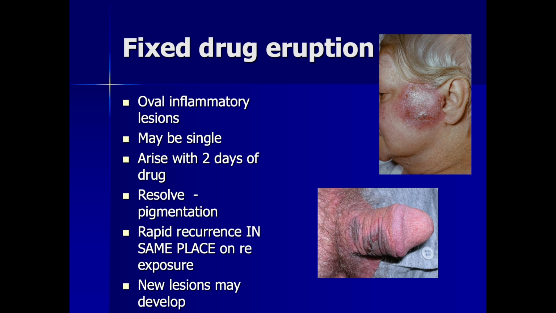If the individual is exposed to the same drug again, rapidly they will develop a recurrence of the inflammation in exactly the same place. Hence, it's called a fixed drug eruption. Lesions recur in the same place where they've been previously on reintroduction of the drug. Lesions are quite common on the lip, and they can mimic herpes simplex. On the face, as you can see in the upper panel, but very common on the genitalia.